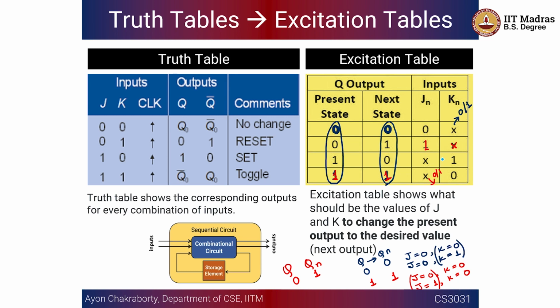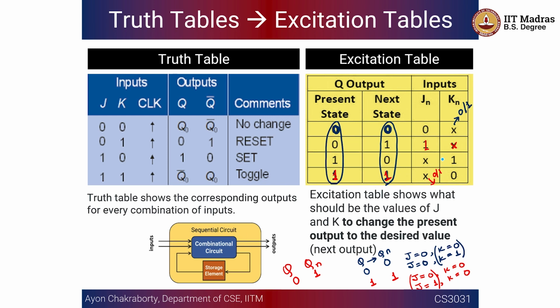And this excitation table is something that you need to have at your fingertips, right? So if I want to make a larger design that has multiple such flip-flops, and every flip-flop is going to change its state from 0 to 1 or 1 to 0, nothing else is possible, or it is just going to retain the value.